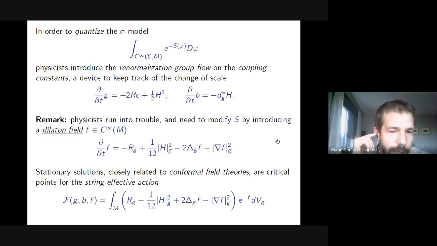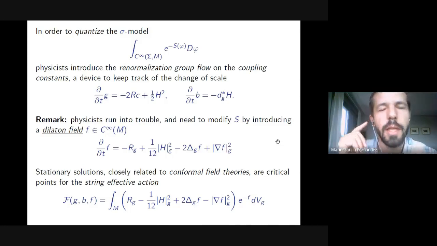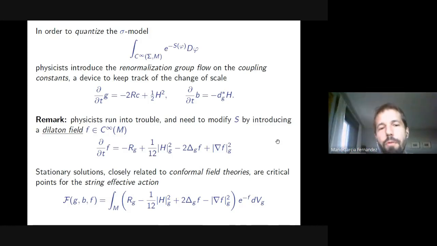Yeah, that's a good question. This is the right thing. Let me comment further on that. This is not the right equation for the theory of generalized Ricci flow.